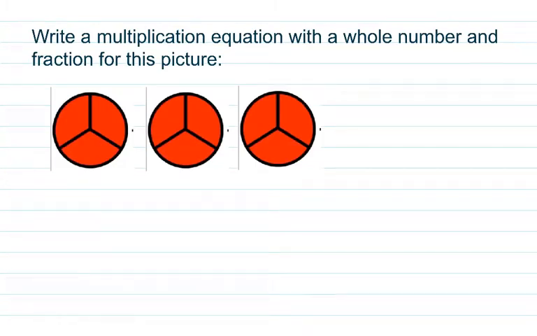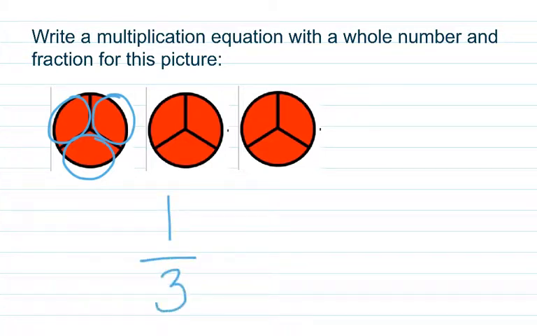Now we're going to look at some models and determine how to write a multiplication equation with a whole number and a fraction. So looking at this picture, you would first want to determine what is the unit fraction. So you can see each of these circles is divided into thirds. So we know the unit fraction for thirds would be 1/3.